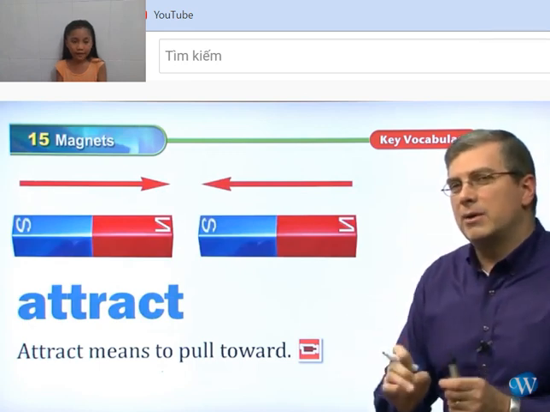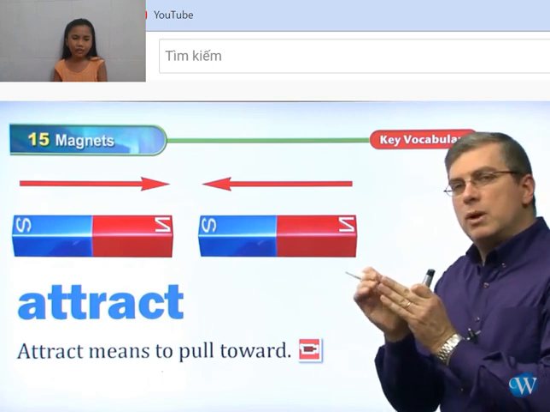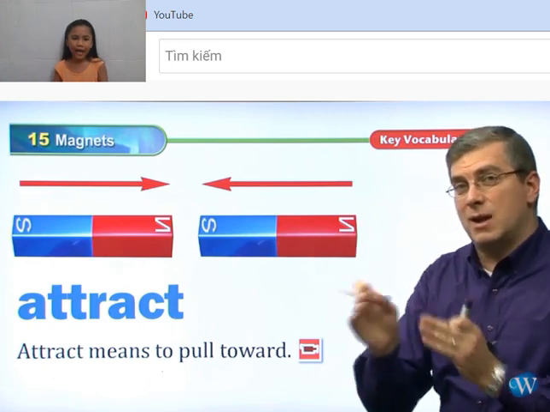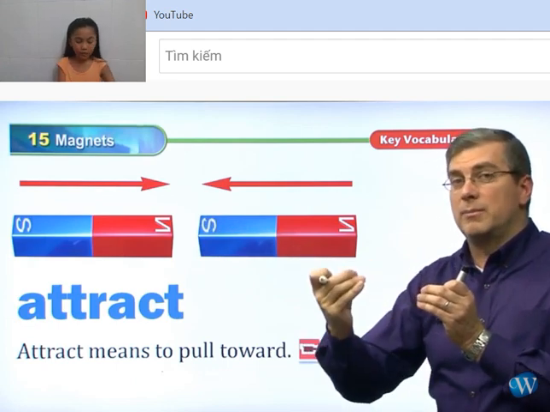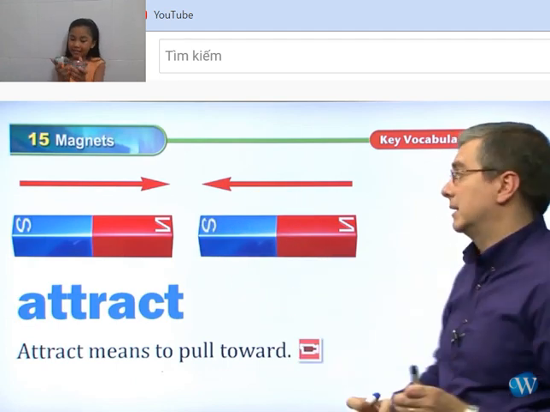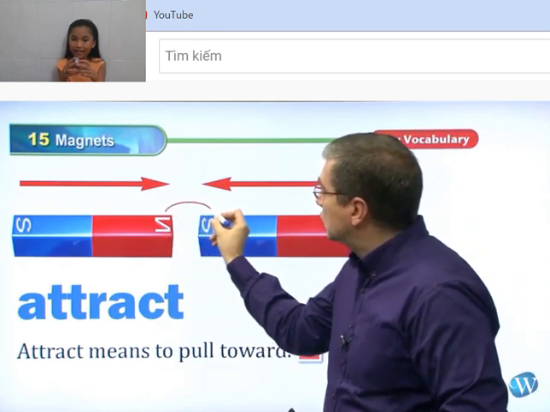The next word we have here is attract. What does attract mean? If we have the North and the South Pole and we put them face to face, what will happen? They will attract each other.